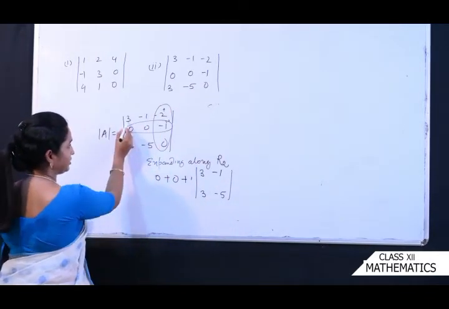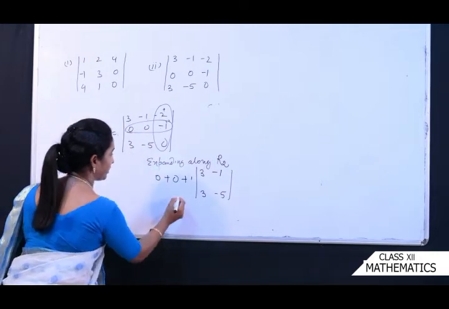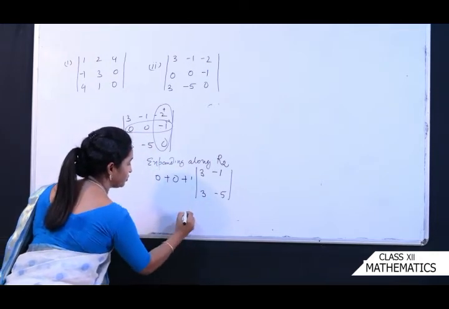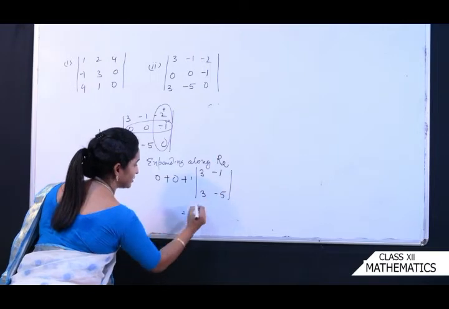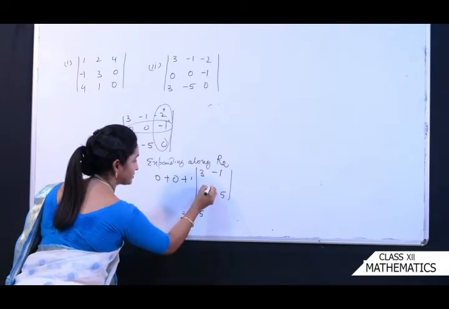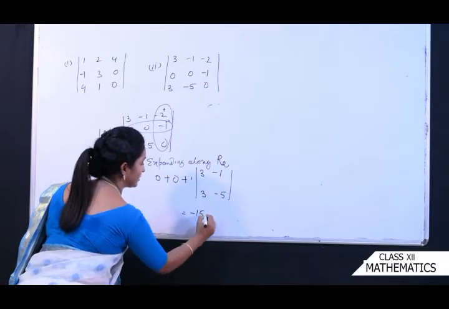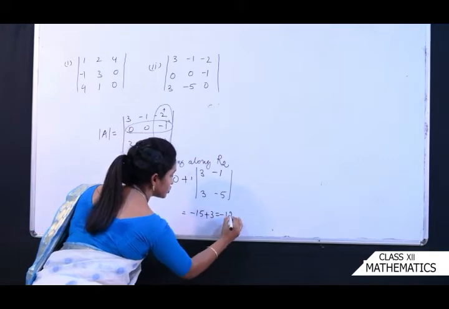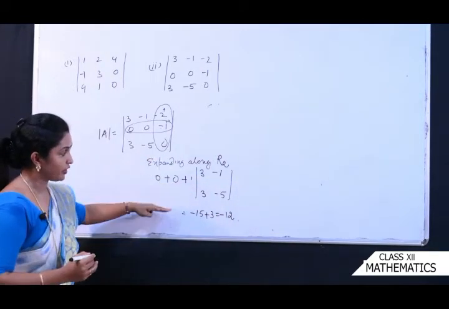Understood? That is 3 -1 and 3 -5. Just solve it. This becomes 0. You will get the answer as -15. Already there is a minus sign in between, so minus of minus plus 3, which is equal to -12. Clear? This is the way of expanding.